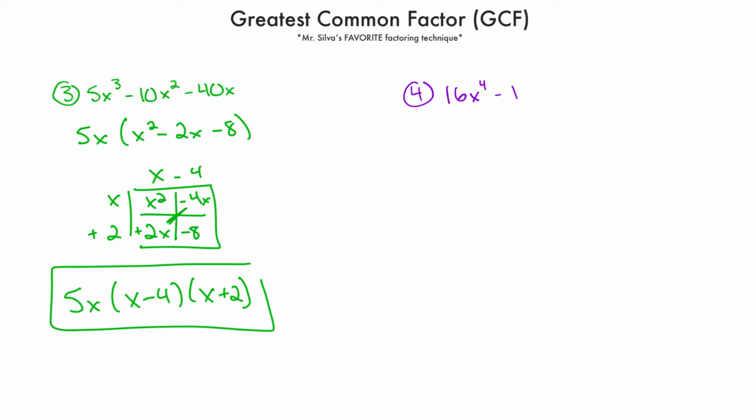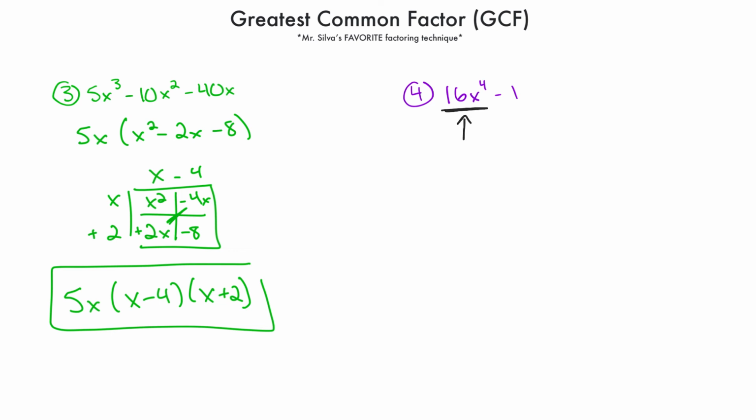Problem 4. This one actually isn't GCF because I can't pull a number out of a 16 and a 1. They both don't have an x. This is just an area model problem. Actually, no, this isn't even an area model problem. You could use an area model, it'll work, but there's a faster way.